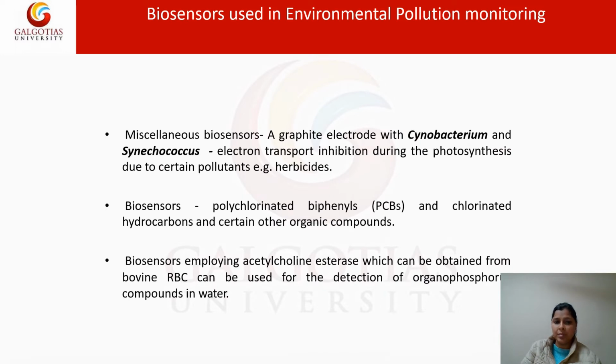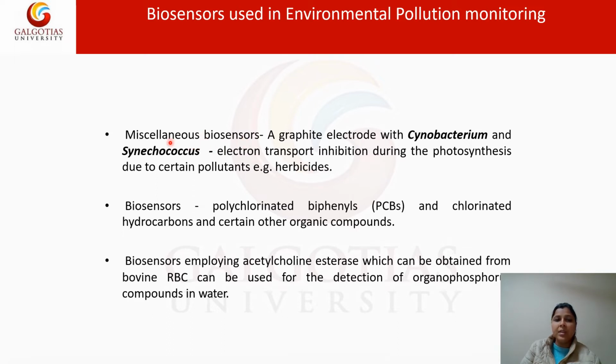Then we have some more biosensors, like miscellaneous biosensors. A graphite electrode with cyanobacterium and Synechococcus detects electron transport inhibition during photosynthesis due to certain pollutants like herbicides, so the presence of these can be detected with the help of these biosensors.